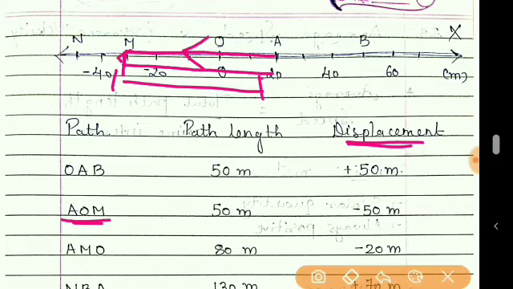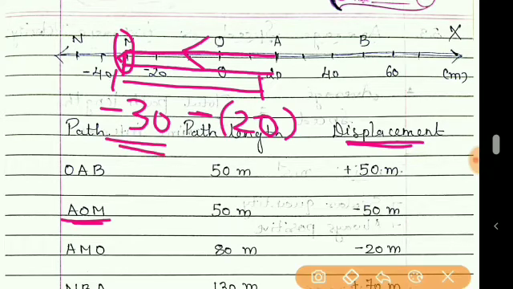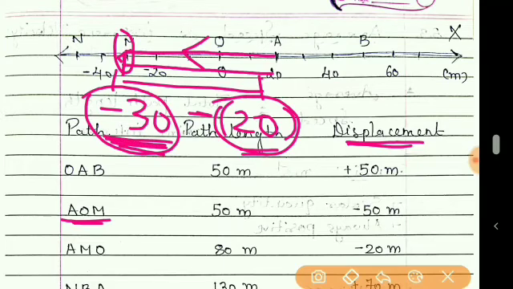So in that case, final position is minus 30 minus initial position, which is 20. Students, once again, final position is minus 30 and minus initial position is 20, because to find the displacement we have to consider final position minus initial. So minus 30 minus 20 is minus 50. So here displacement is negative, path length is always positive.